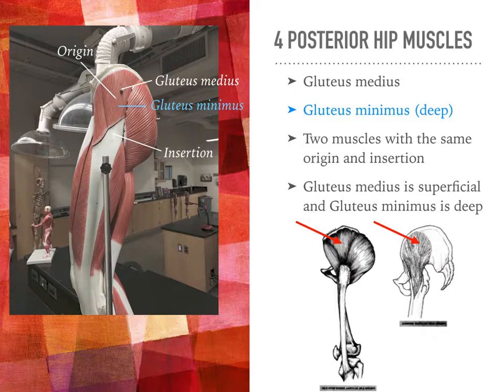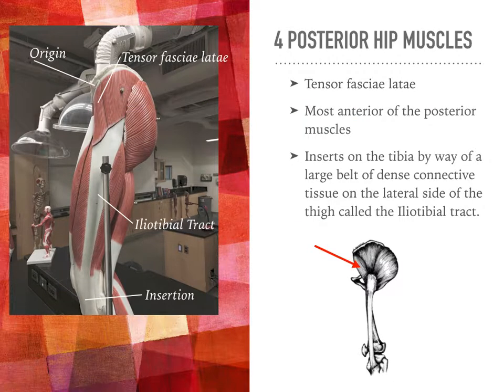The other 2 muscles, let's take the small one in front first, the tensor fasciae latae. It's the most anterior, it's very narrow, and it really doesn't have much to do with movement. It's an interesting muscle because it anchors up on the ilium, and yet its insertion is all the way down on the tibia.